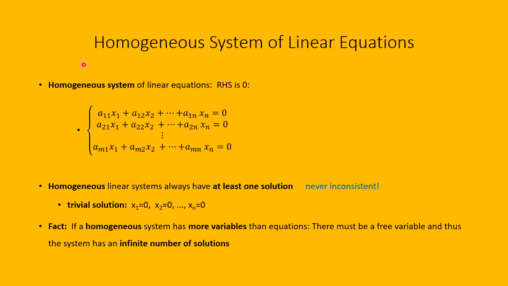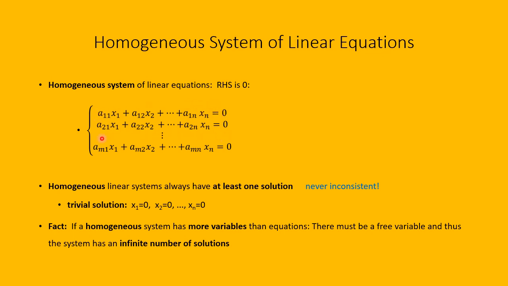Now, what's nice about homogeneous systems? What are a couple important facts that we should know? Well, first, a homogeneous linear system always has at least one solution, which is called the trivial solution. If I let all the variables x sub 1, x sub 2 through x sub n all be 0, then all of these equations would be satisfied because this constant times 0 plus this constant times 0 plus all the way through this constant times 0 does equal 0.